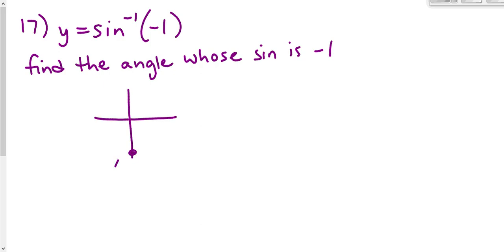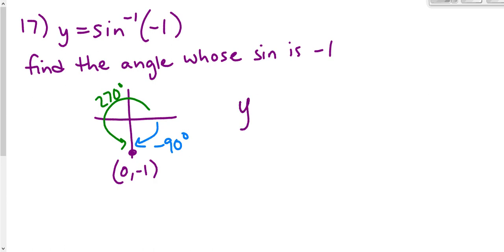Down here on the unit circle at the point (0, negative 1). So normally we think of that as 270 degrees. But we have to answer between negative 90 and 90. So instead we're going to think of that as negative 90 degrees. And in radians, that would be negative pi over 2.